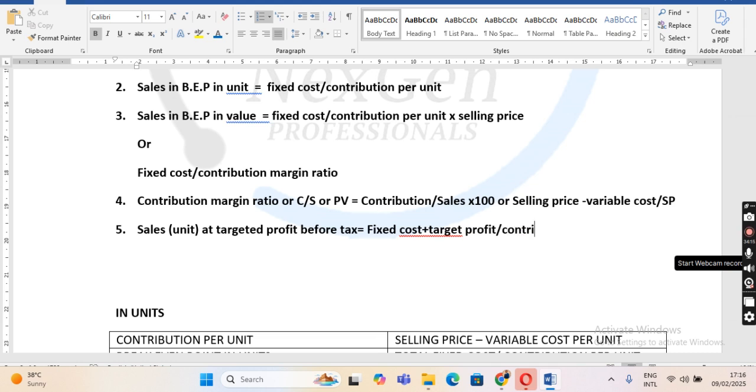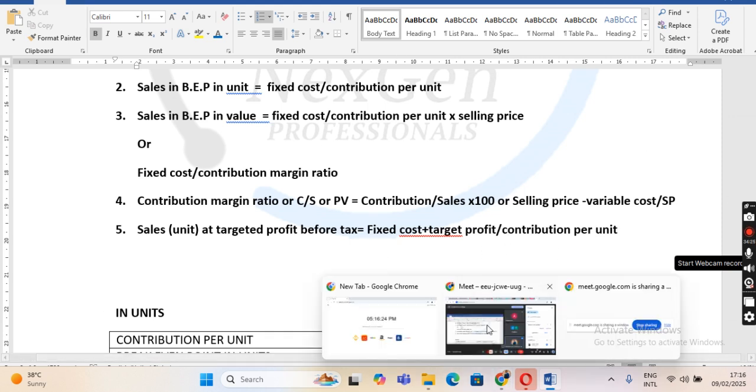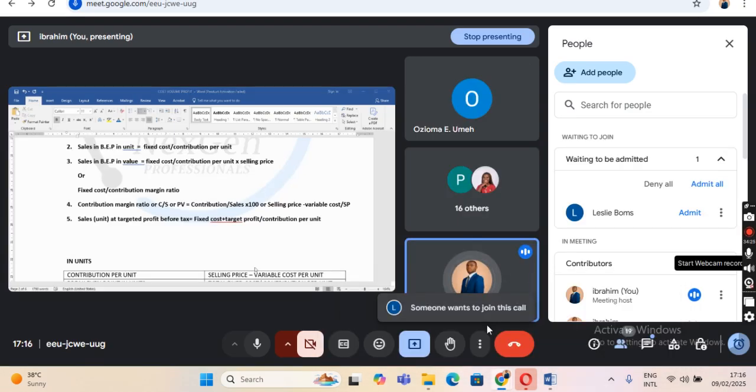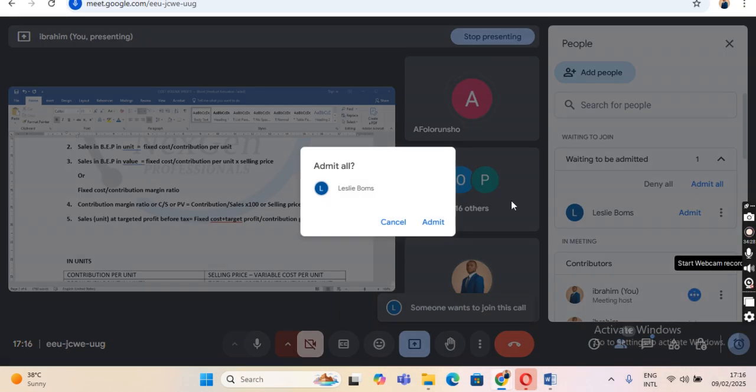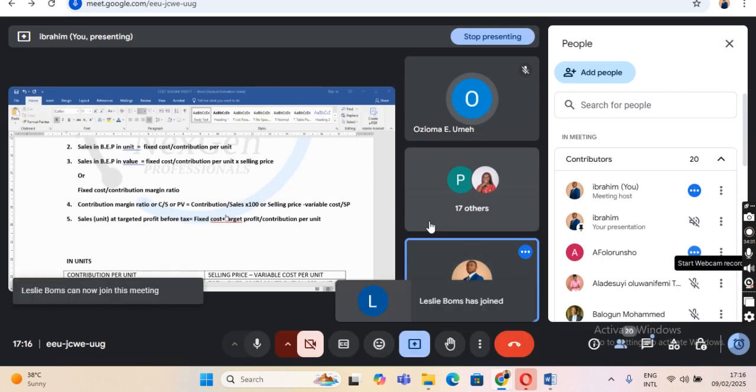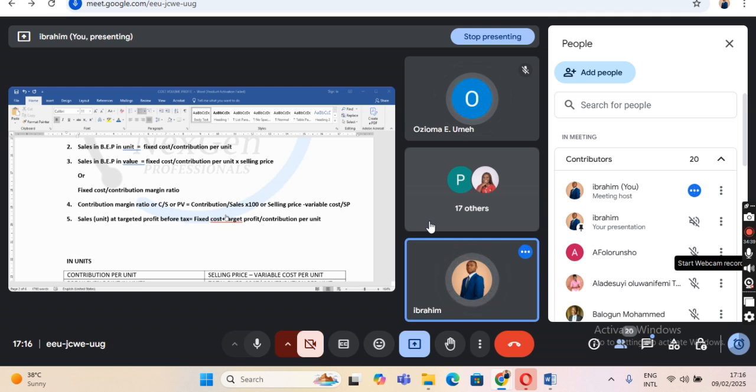contribution per unit. Can someone tell me why we are using contribution per unit to divide when the question says sales in units at targeted profits? Because the sales is in units.